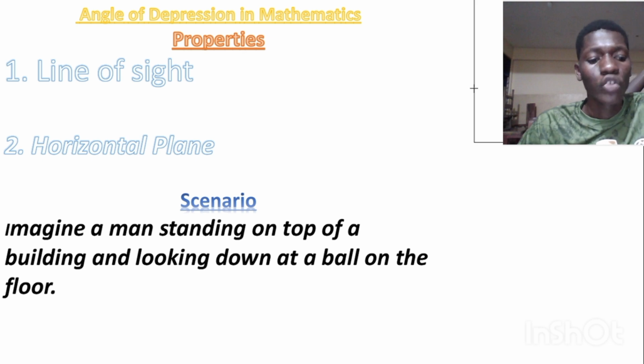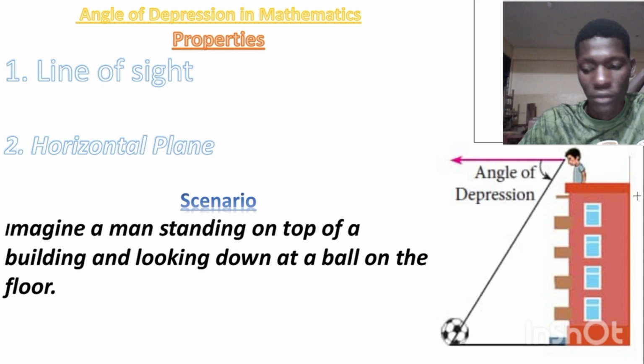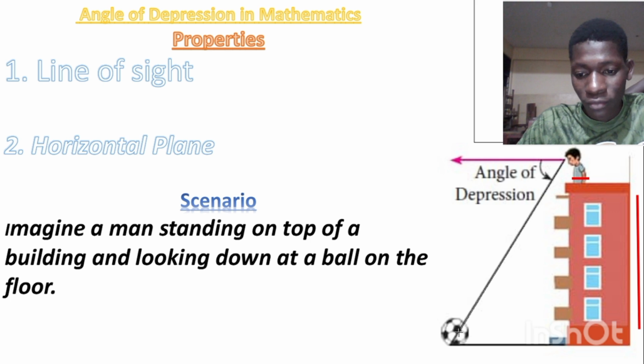Imagine a man standing on top of a building and looking down at a ball on the floor. So this is the building, and this is the man. He's looking at the ball here. This line connects his eye to the ball.